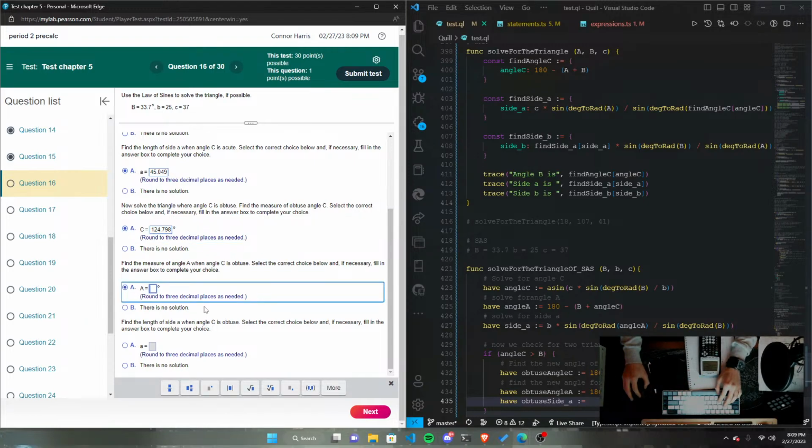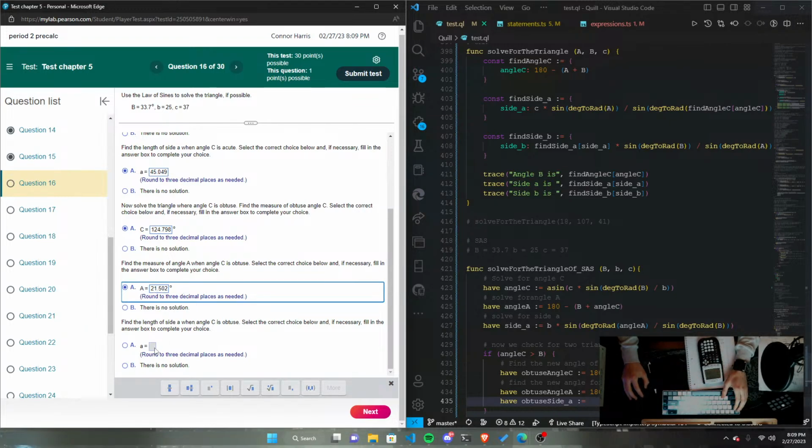And since B is given, we can do 180 minus our new angle of C, which is 124.798, minus angle B, which is 33.7. That will give us angle A, which is 21.502.